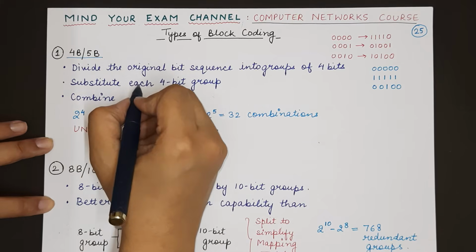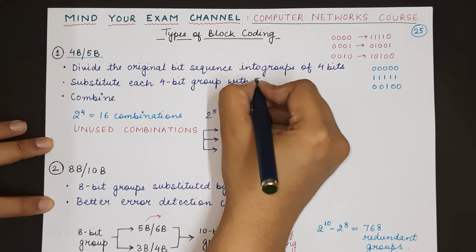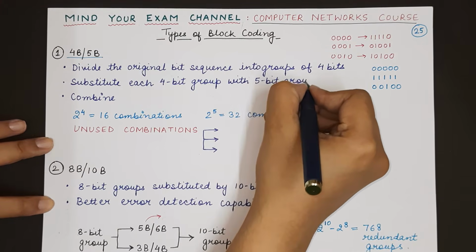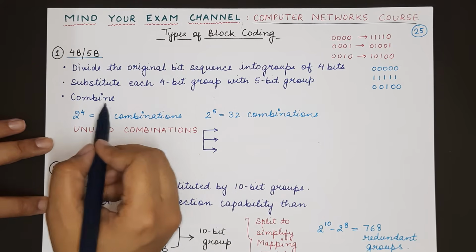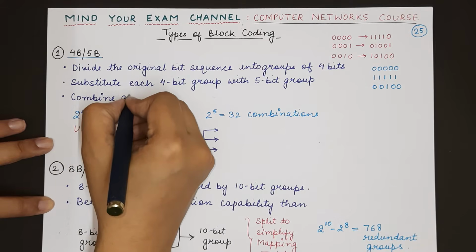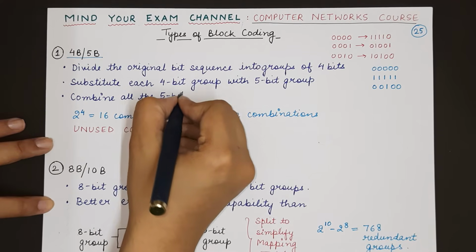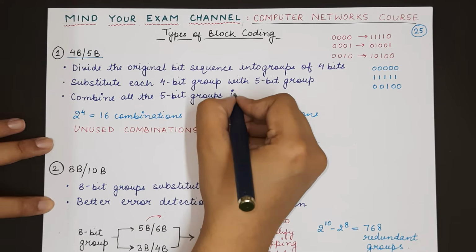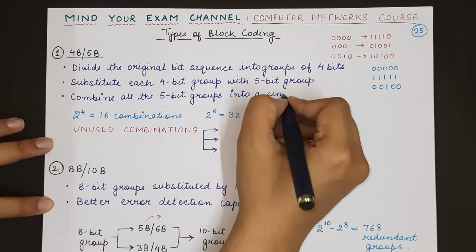Now in the last step, as I mentioned, there are 3 steps for block coding: division, substitution and combination. So in the last step, we are combining all the 5-bit groups into a single data stream that will be sent to the receiver.